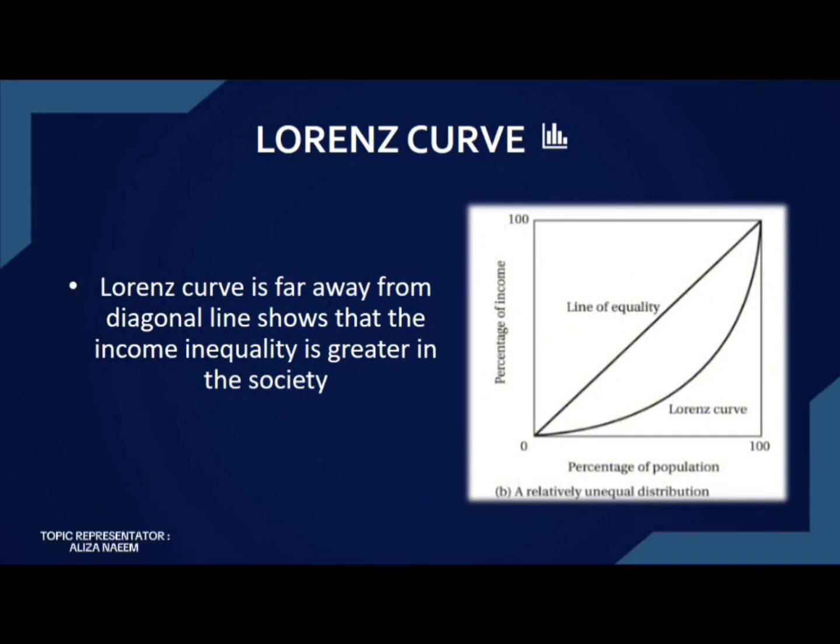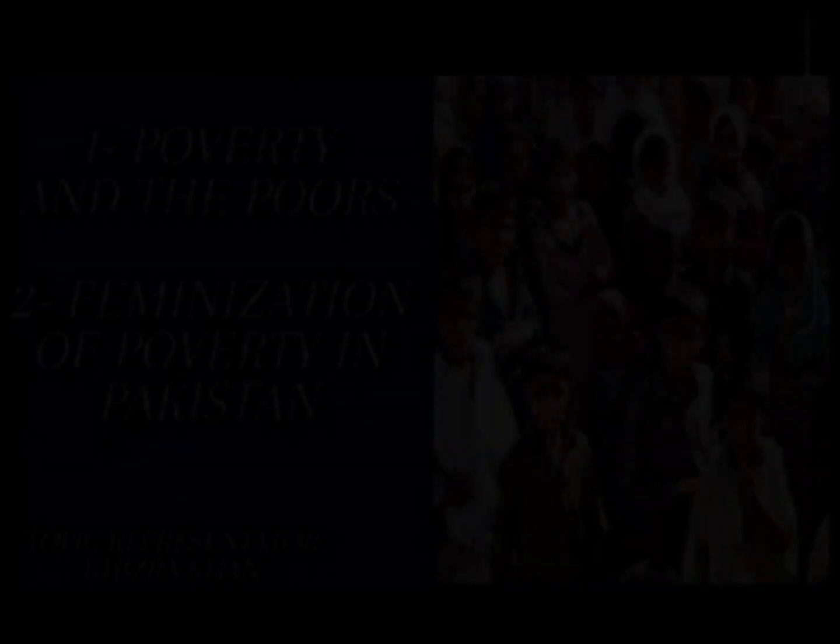This means that if the distance between the Lorenz curve and the diagonal line is increasing, income inequality in the society is increasing. If the distance between the curve and the diagonal line is less, income inequality is also less.